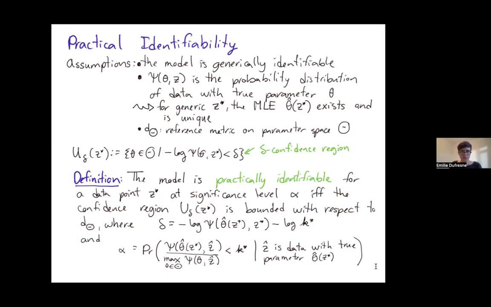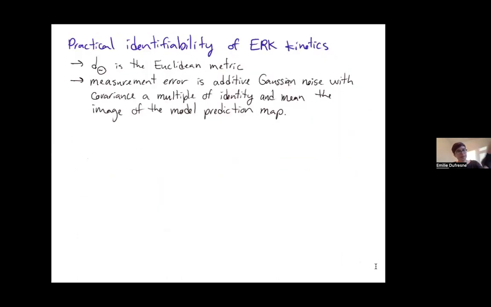Okay, so let's see a bit in the specific case that we looked at. In this specific case, we decided that the reference metric should be the Euclidean metric, just because it's a subspace of Rn, so that makes sense. And the measurement error we assumed was additive Gaussian noise with covariance a multiple of identity, and mean the image of the model prediction map.